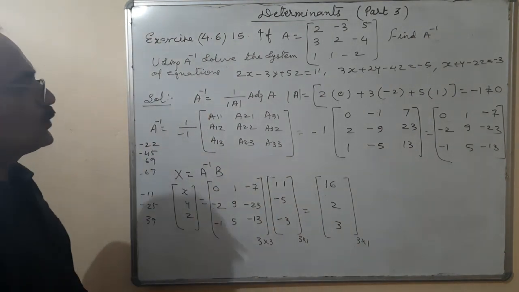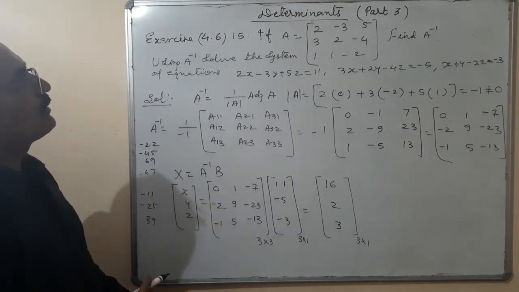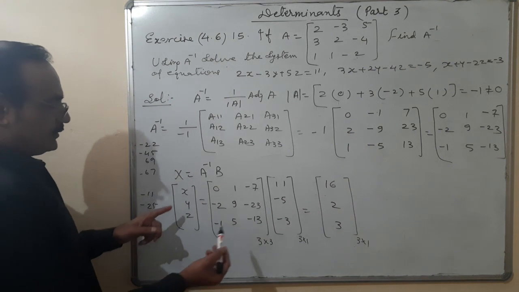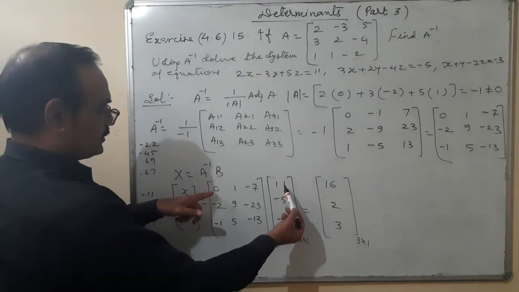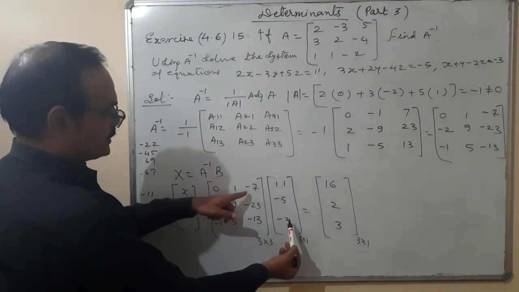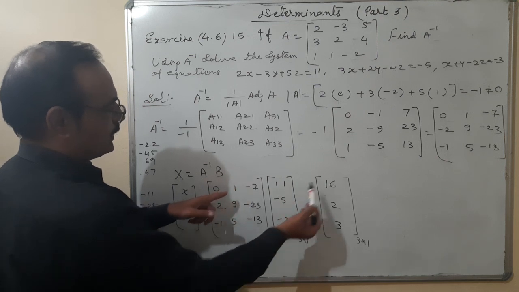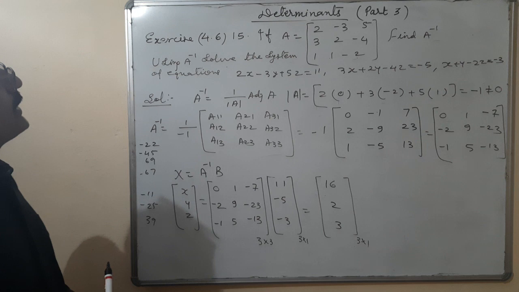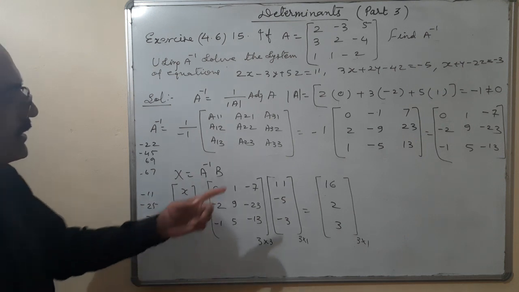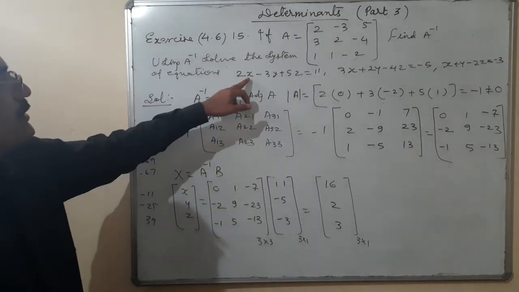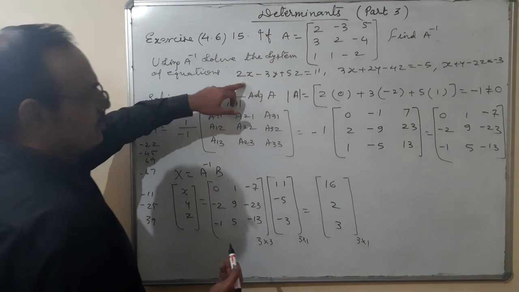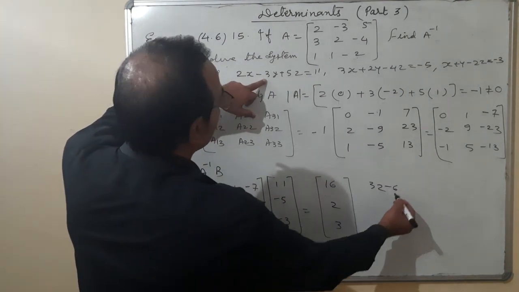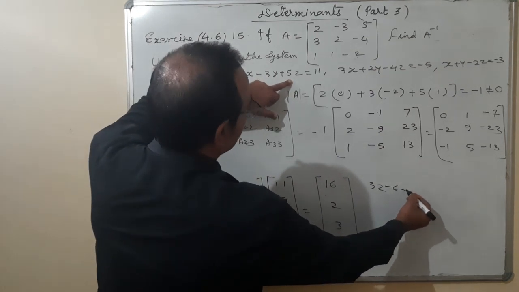Now let us check this one. Is 11 here? Yes, 11 is here. So answers are okay. 0, it is minus 5 and 7 3 is 21. 21 minus 5, 16. Okay. 16, 2 and 3, we are getting the answer. Let us check the answer is correct or not. 16 2 is 32. 32 minus 6 and 5 3 is 15.